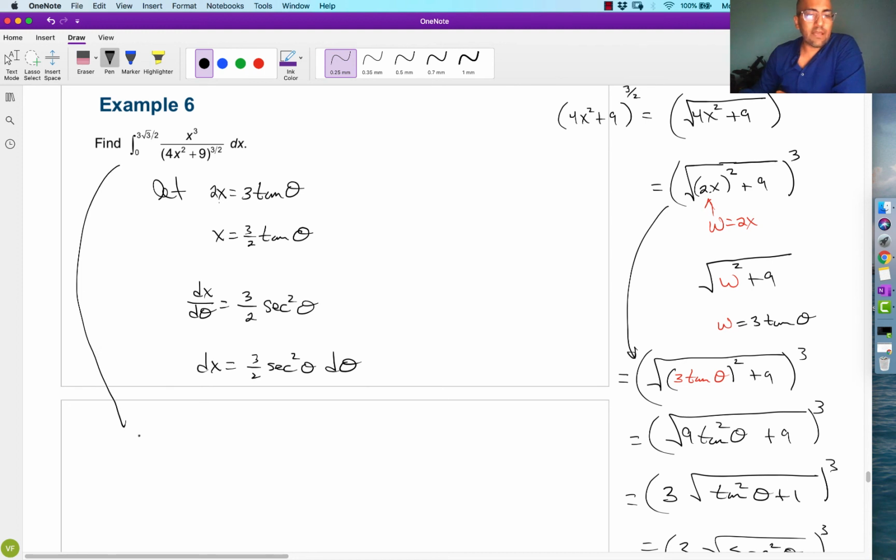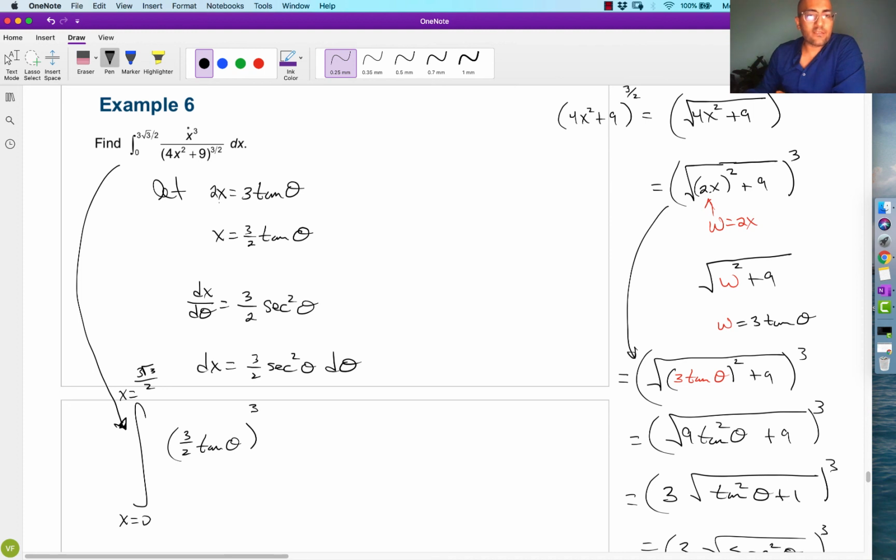So let's leave the limits of integration alone for a little bit. So these are all expressed in terms of x. So this is x goes from 0 to x goes to 3 root 3 over 2. Good. Now the numerator is going to have 3 over 2 tangent of theta, and then that whole thing gets raised to the power of 3. Right?